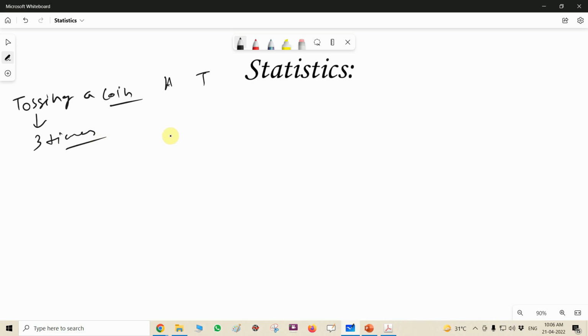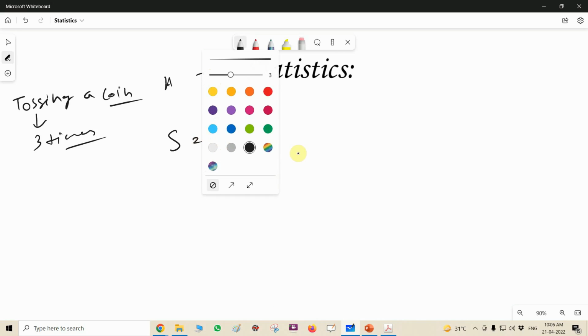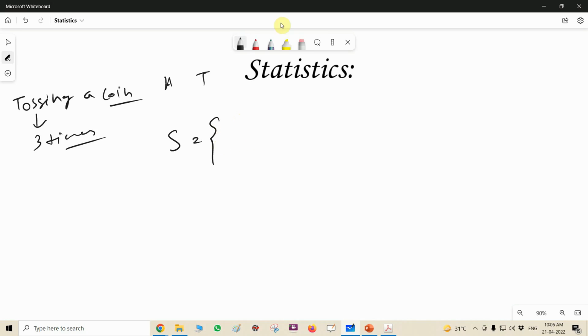So what will be the sample space? Tell me, I'm ready to write. What will be the sample space here? Class? 8.